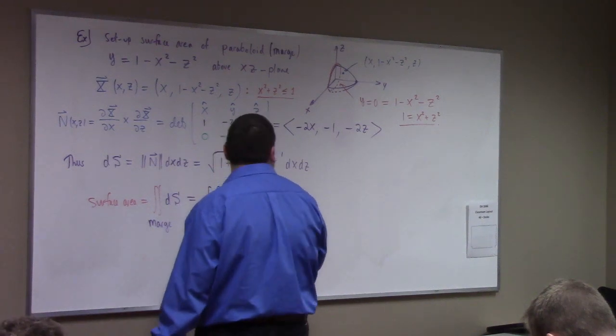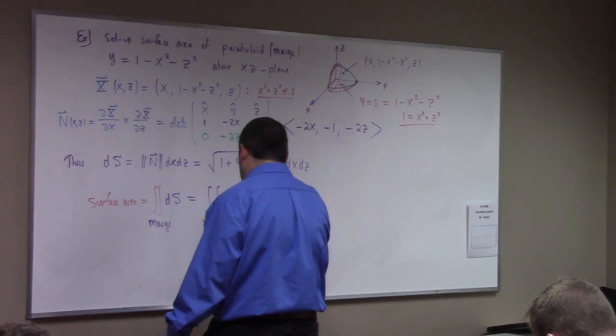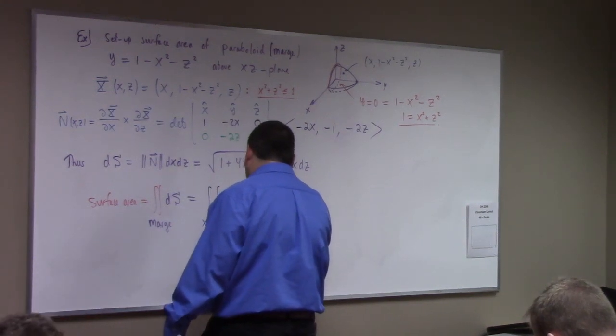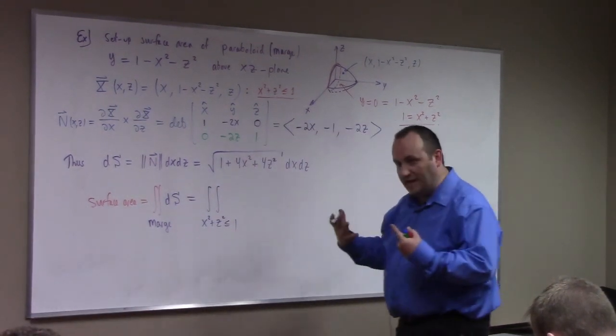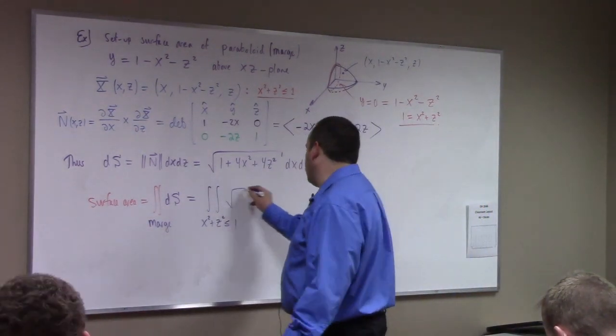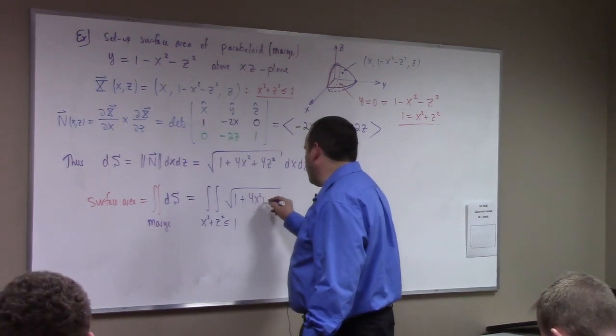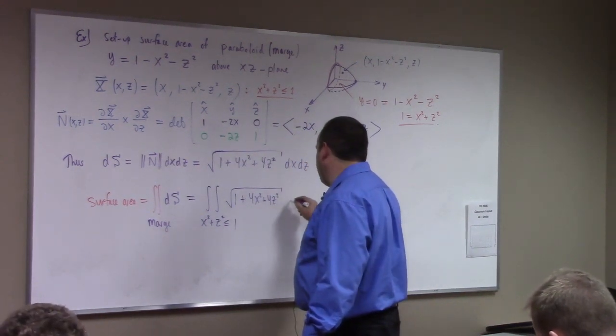All right, integral. You have to be careful. I don't want to offend people. x squared plus z squared less than or equal to 1. That describes the domain of the parameterization. And we're supposed to integrate dS, which is in fact, boots on the ground formula right here, square root of 1 plus 4x squared plus 4z squared dx dz.